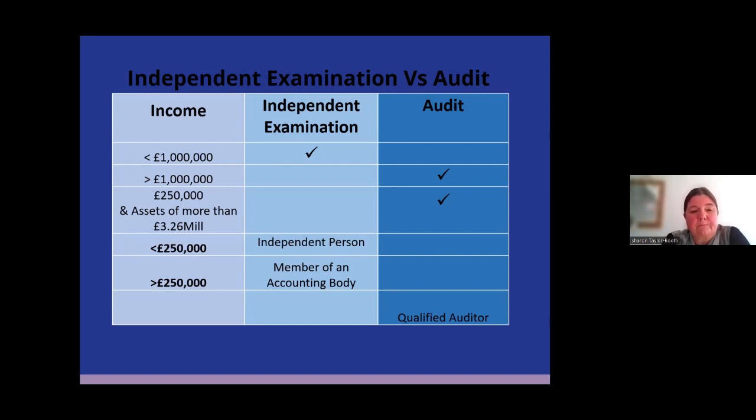Now a bit further down this list, it does say that income of less than £250,000 can be examined by an independent person. An income of over £250,000 must be examined by a member of an accounting body. So you're looking for an accountant there, really.